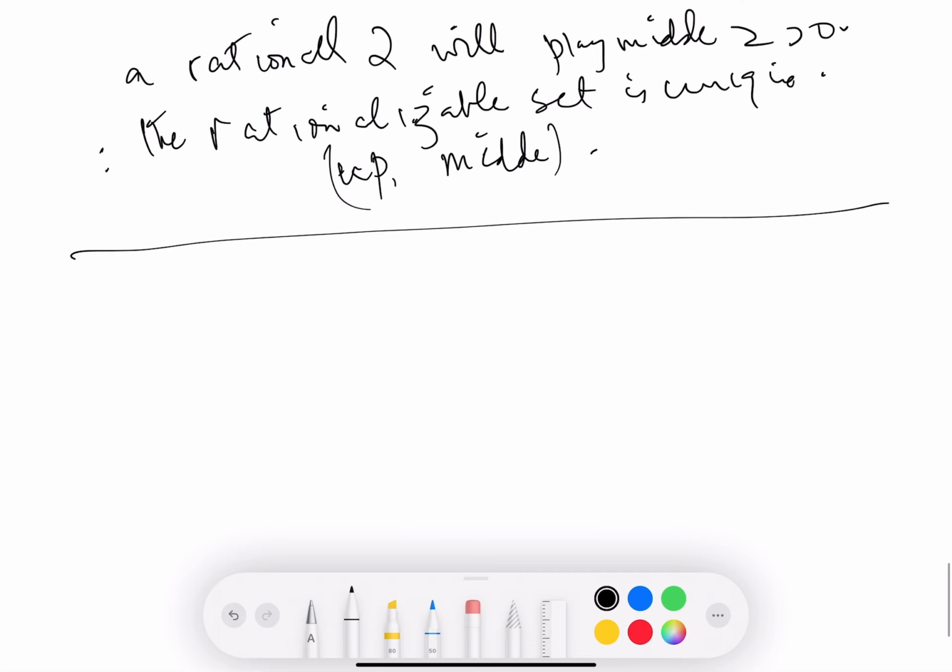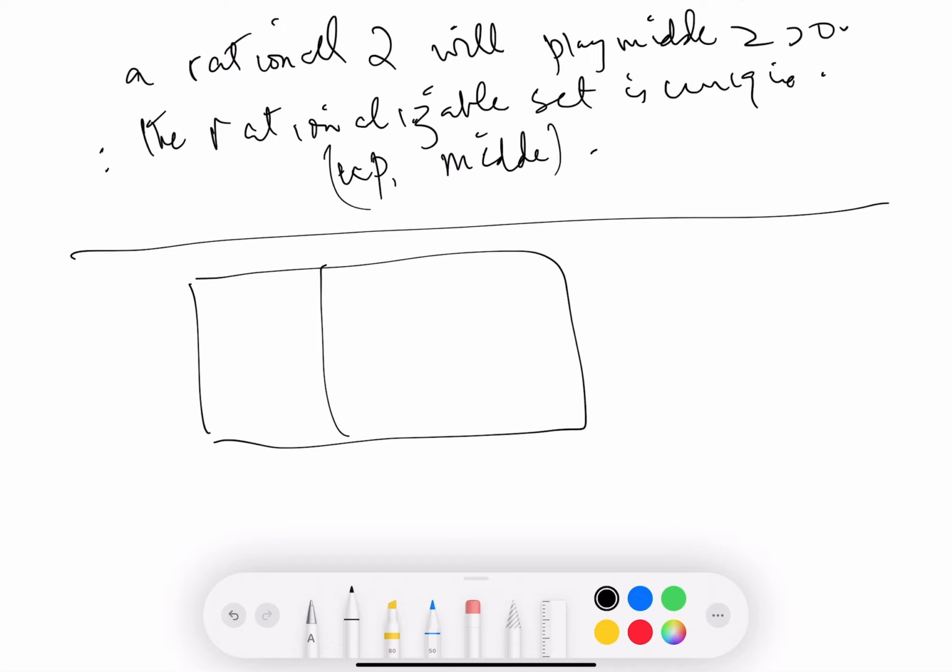Now, the world would be very nice if all games were like this, that we end up with a unique rationalizable set. However, that's not the case. Look at the following game. Okay, L, C, R. This is player 2. Player 1 can go top, middle, bottom.